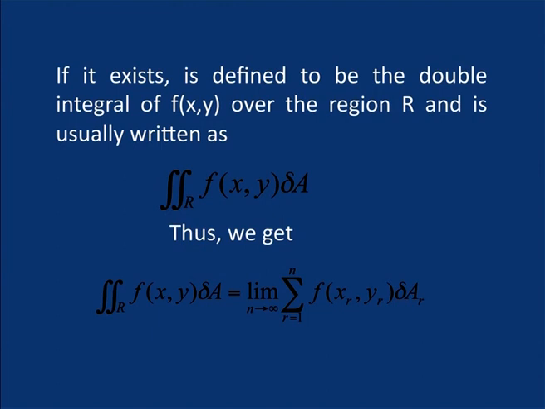Thus, we get the double integral of f(x, y) dA is equal to the limit n tends to infinity of summation from r equal to 1 to n of f(xr, yr) dA.